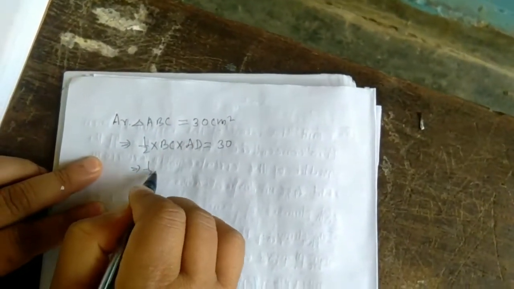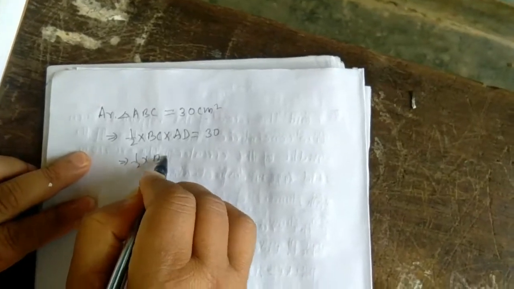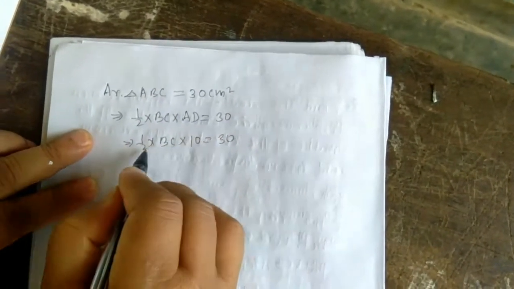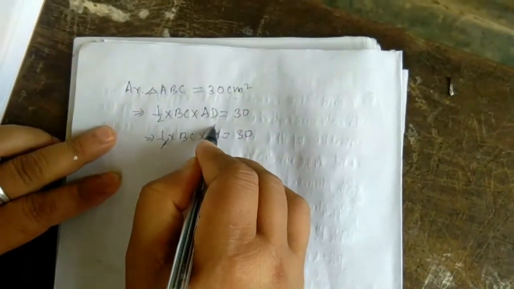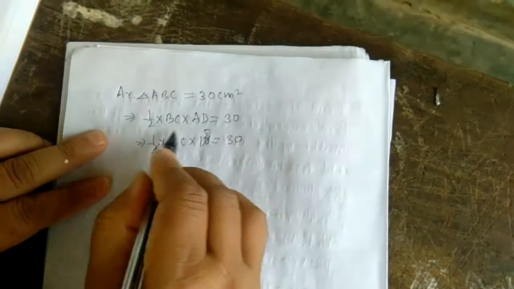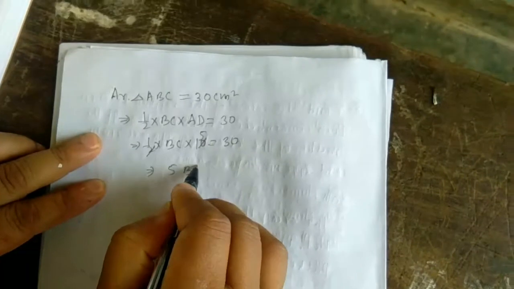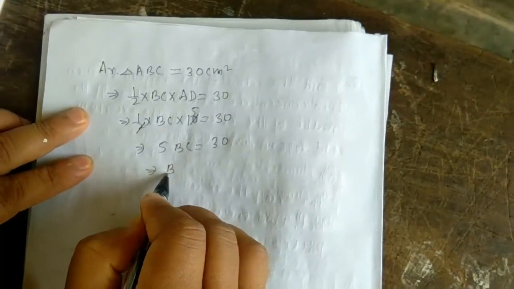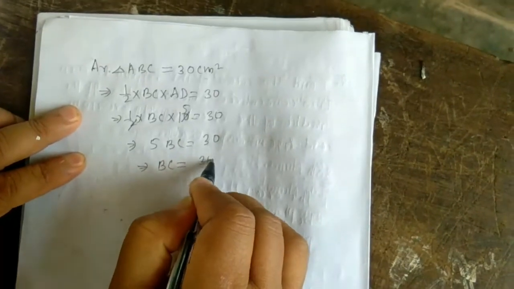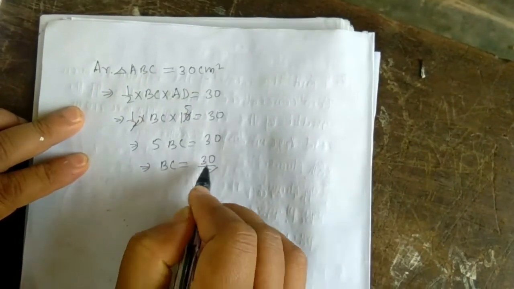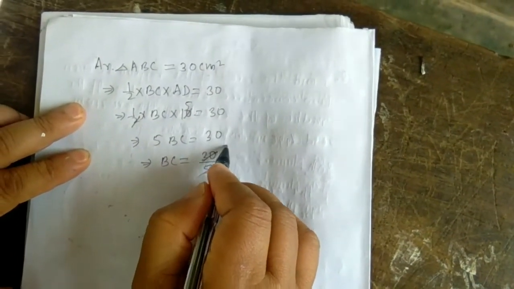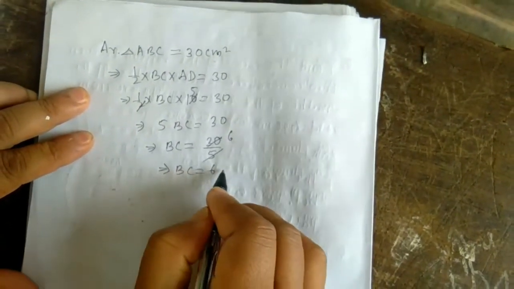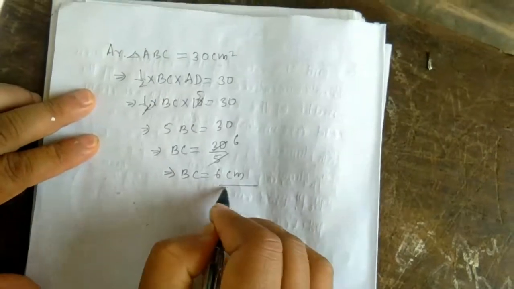Put the value of AD, which is given as 10. 2 5s are 10, so 5 1s are 5. So BC equals 30 by 5. 6 5s are 30. So BC equals 6 centimeter. This is the value of BC.